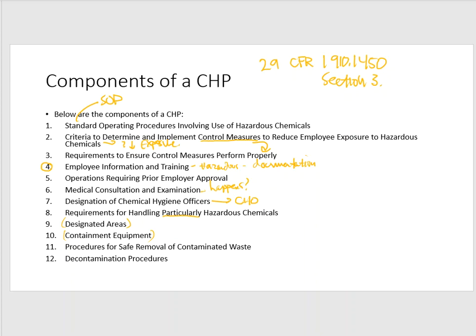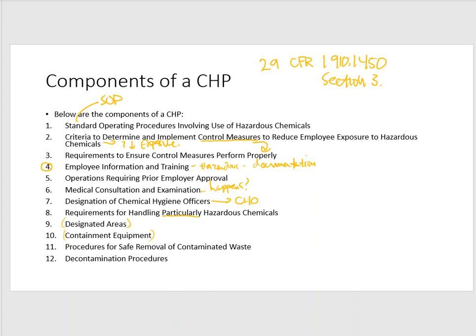What steps are you taking? As an employee, what are you doing with that waste? Where are you putting it? Where is it getting stored? What's happening after it leaves your hands? As an employer, well, now that this waste has been given to you by your employees, what are you doing to make sure that it's leaving the site, it's leaving the room?